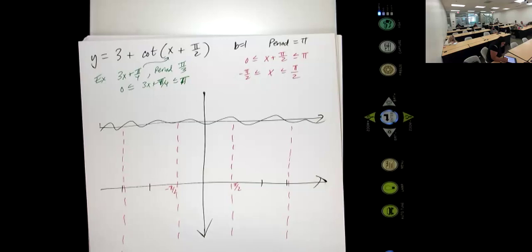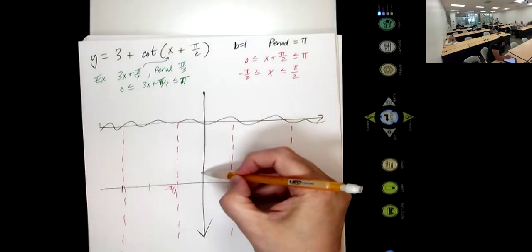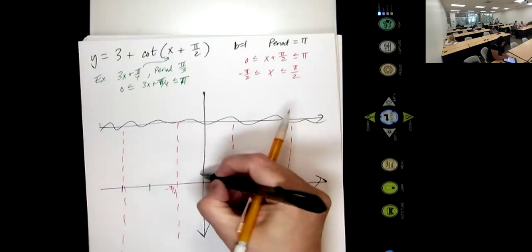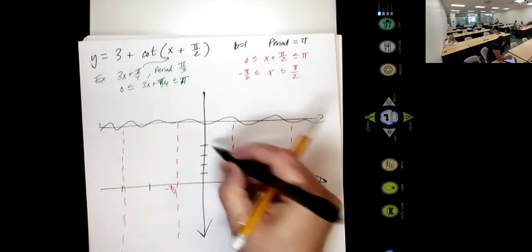Our base graph of cotangent, I need to put in my y values here.